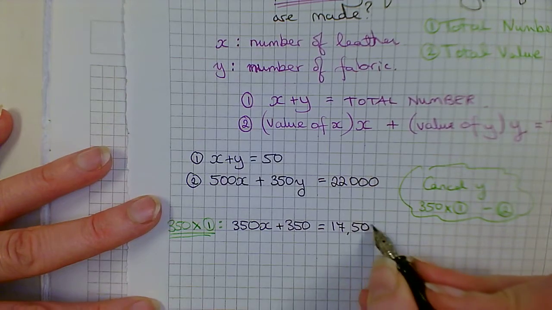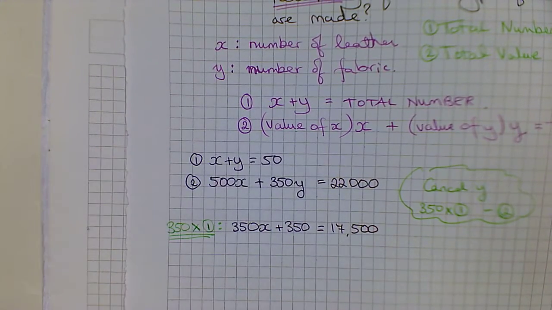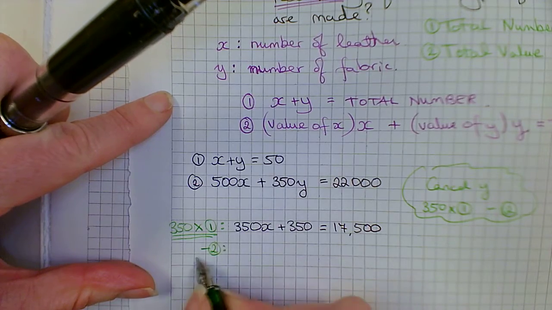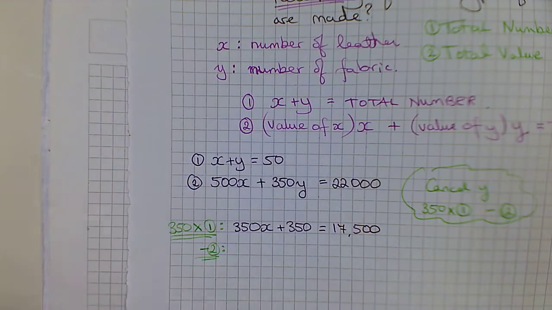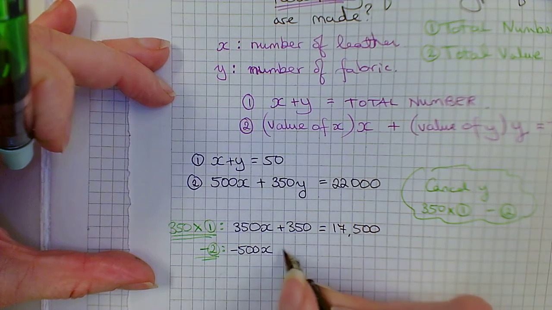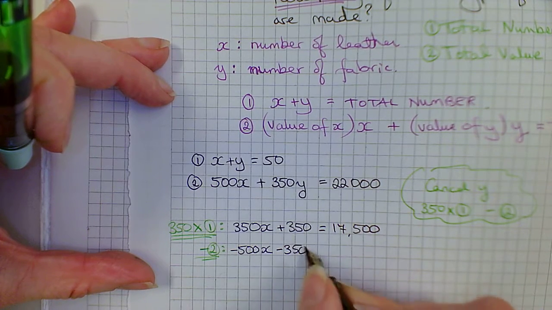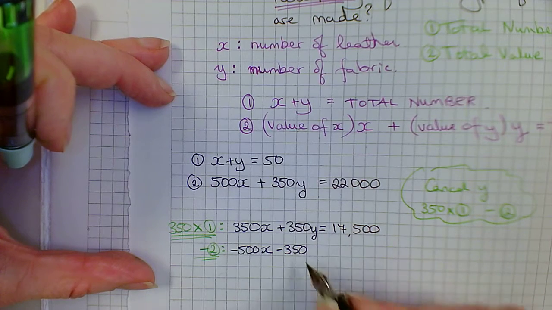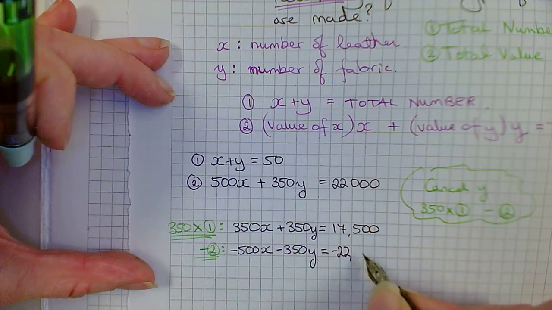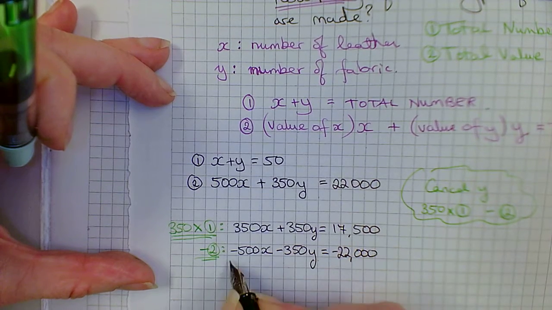So that's my new equation 1. And then I said I'm going to subtract equation 2. So I'm just going to change all of the signs. 500x becomes negative 500x. 350y becomes, got my y there, minus 350y. And this becomes minus 22,000.